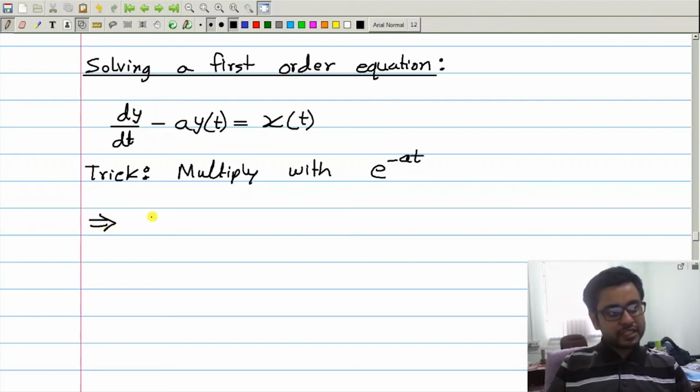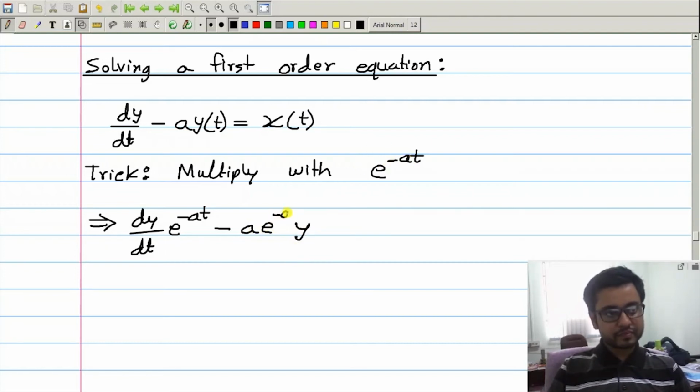After multiplication, we will have dy/dt multiplied with e to the power minus at, then ay multiplied by e to the power minus at, and the right side is equal to x e to the power minus at.